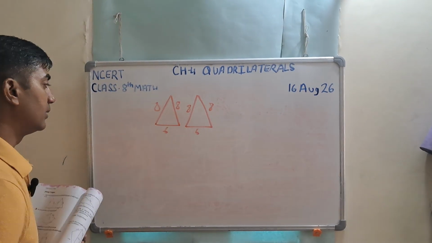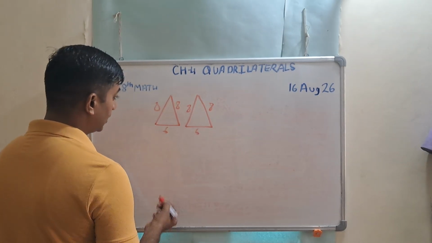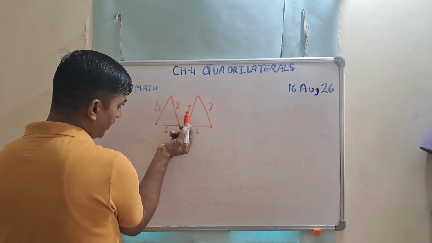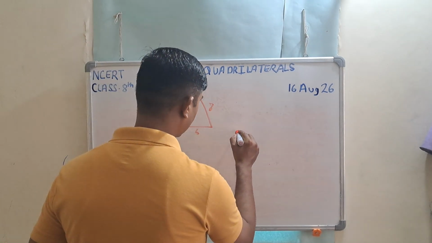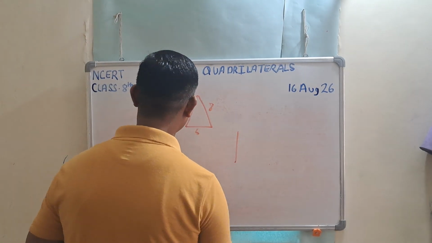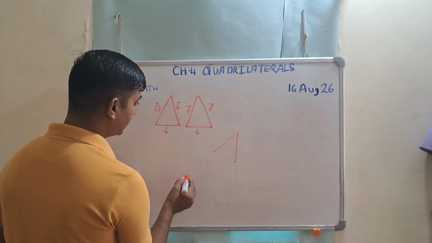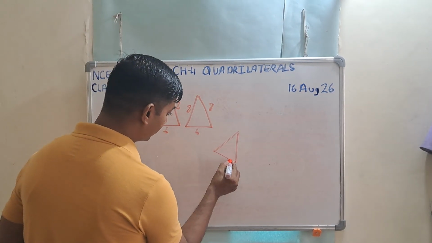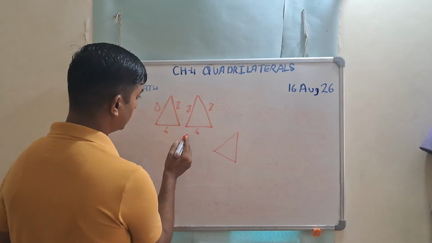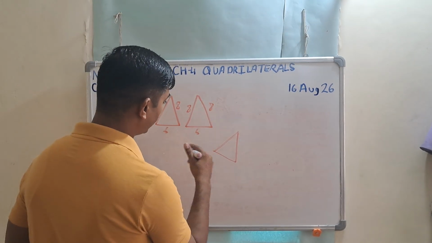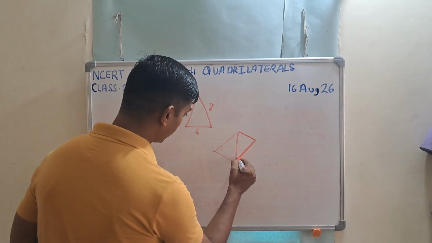Now we will see what will happen when we join the two sides. Now when we join 8 with 8, what figure will we get? This is 8, then we draw this length. This length is 8 and this length is 6, and when we join it, we'll join it in the reverse of this, then this length is 6 and this length is 8.